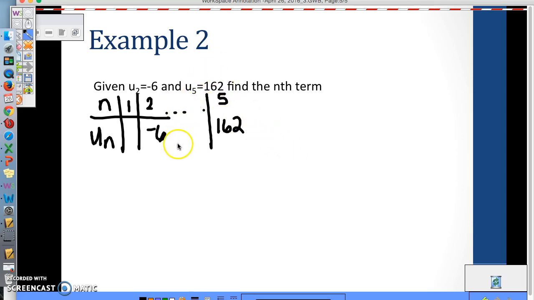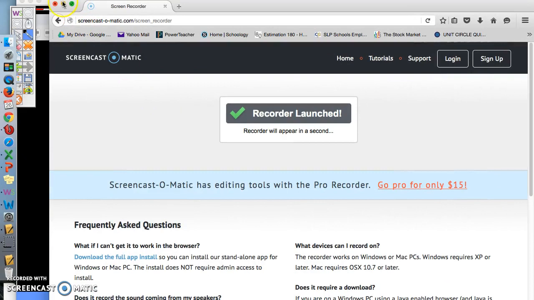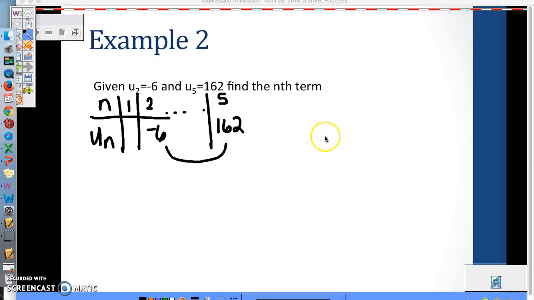So let's see. What is our difference here? -6 to 162. So we're going up 168. And 2 to 5 is 3. So in 3 steps, 3 times our ratio there. So we're multiplying by r 3 times.